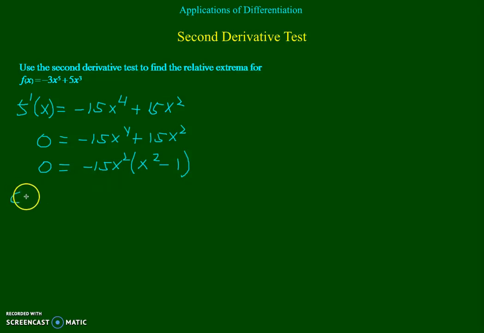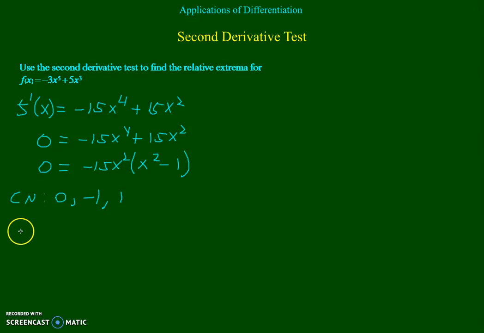So here we know our critical numbers are going to be 0, the first one is 0, and we have negative 1 and 1. If we set this equal to 0 and solve, x squared equals 1, square root of 1 is plus and minus 1. So our critical numbers are 0, negative 1, and 1.